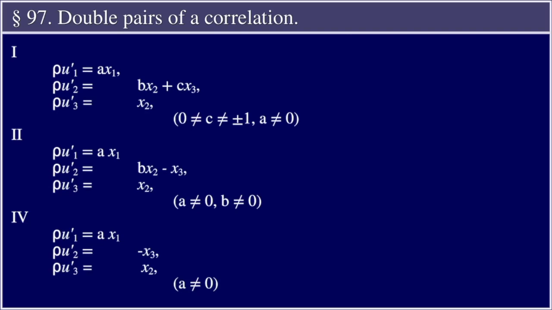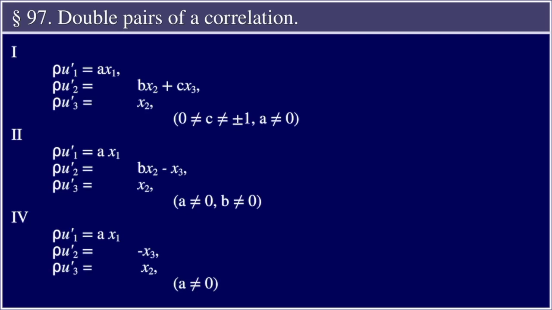Rho u3 prime equals x2, where 0 is not equal to c is not equal to plus or minus 1, and a not equal to 0. Form 2. Rho u1 prime equals ax1. Rho u2 prime equals bx2 minus x3. Rho u3 prime equals x2, where a is not equal to 0 and b not equal to 0.